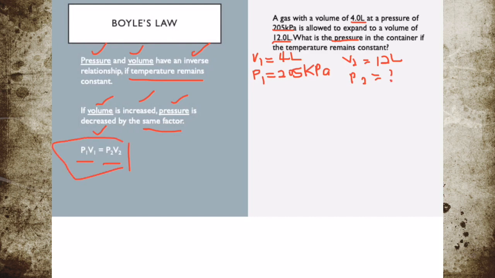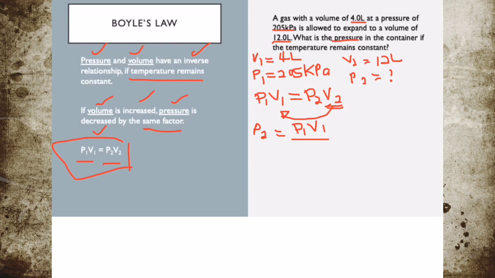Using the formula, P1 V1 equals P2 V2. Since we're looking for P2, we will transfer V2 to the other side, and that will be divided. So P2 is equal to P1 V1 over V2. Then we substitute the given.